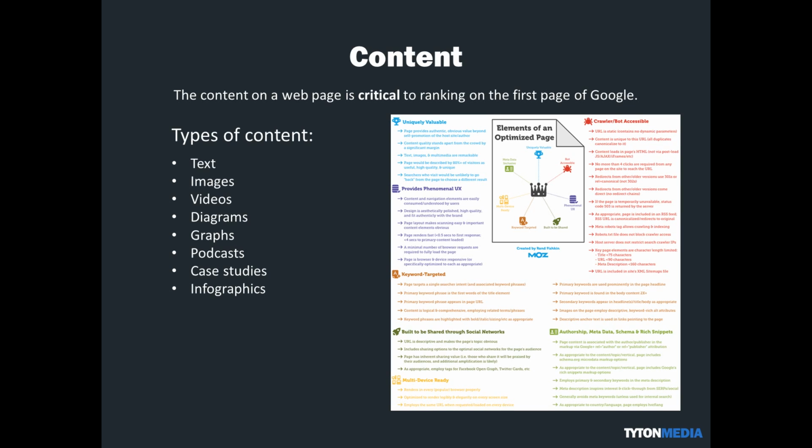So what are types of content? Well, it can be almost anything. We've listed a few here that are good types of content. You have text content, which is articles and the like. Images, videos, diagrams. You can put graphs on your site. Podcasts. Doing case studies is another great piece of content. Infographics were very popular for a time.